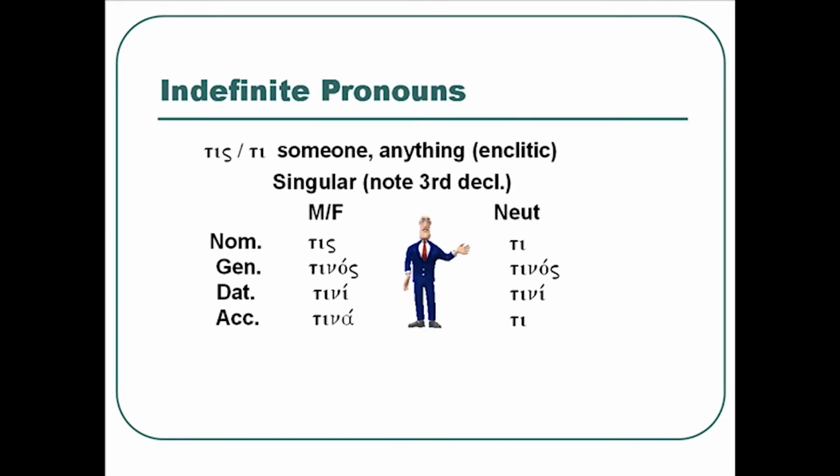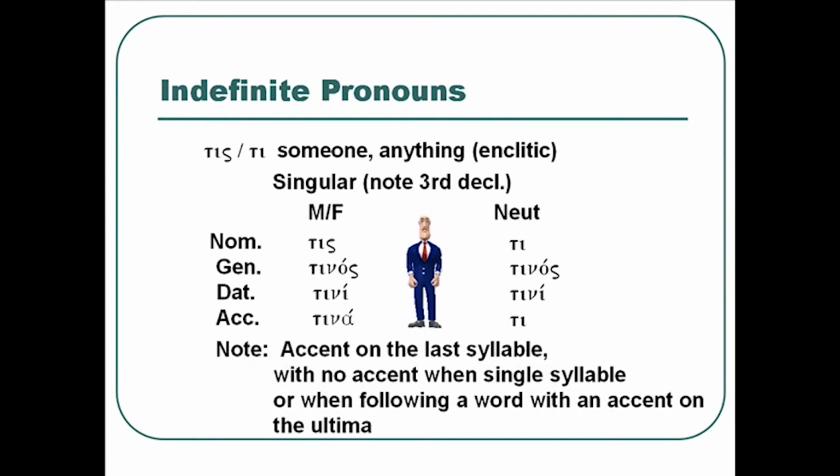But you'll notice that the single syllable indefinite pronoun does not take the accent. And when it is accented on the double syllable indefinite pronouns, it's accented on the final or ultima syllable. And even when you have 2 syllables, if the word preceding it has an accent on the ultima, the accent is dropped even on the second syllable of the tinos, tini.